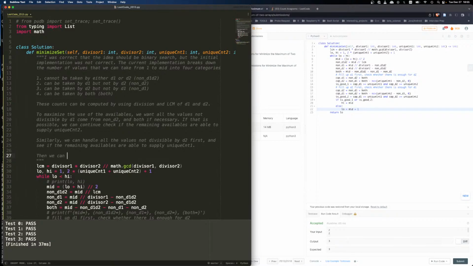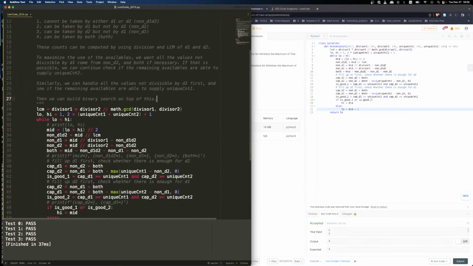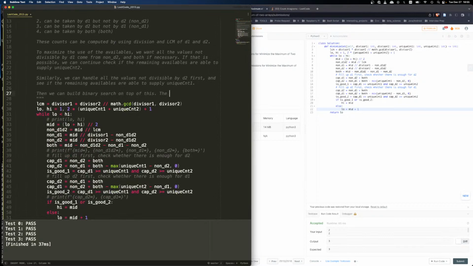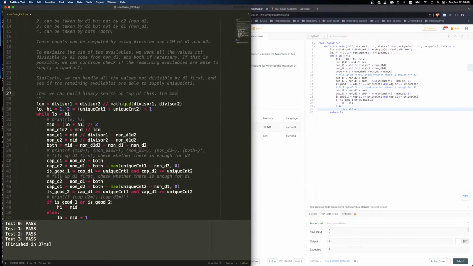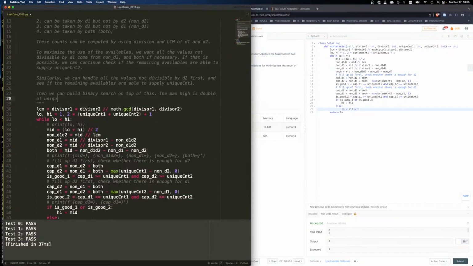Then we can build binary search on top of this. The max value that can be the high is double of unique count 1 plus unique count 2, which happens when D1 equals D2 equals 2.